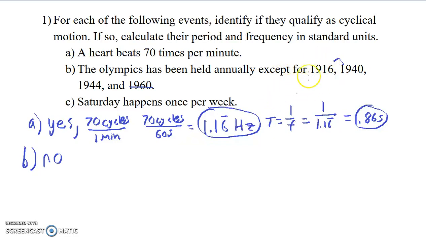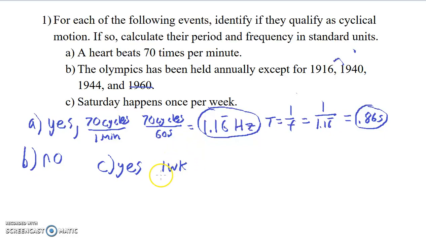And the last one here, Saturday happens once per week. So I think that is fairly straightforward to say, yes, that is cyclical motion. 1 time per week, cyclical. So now we need to calculate the period and frequency. It is probably easiest to calculate the period first, because the period is 1 week.